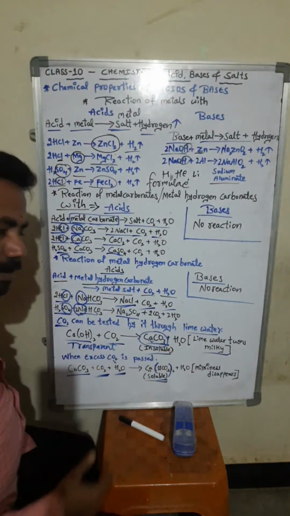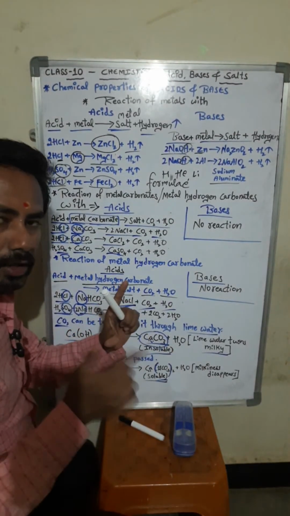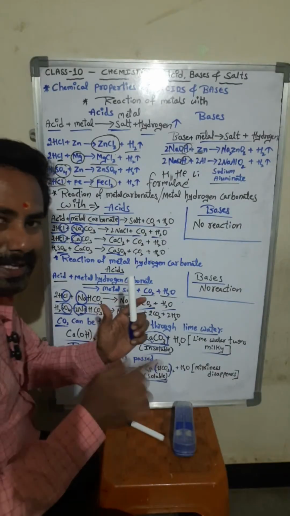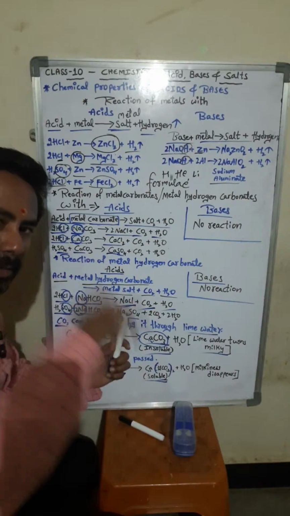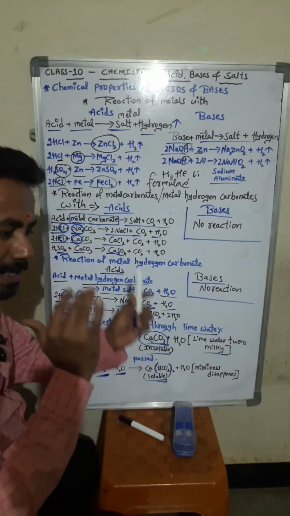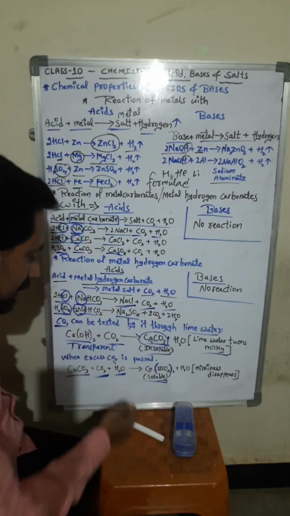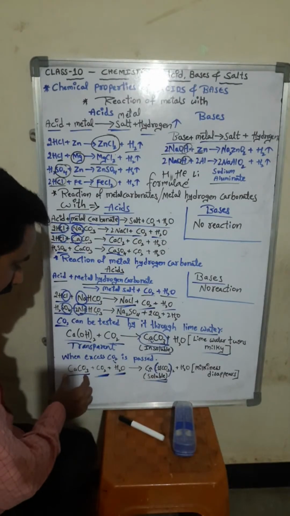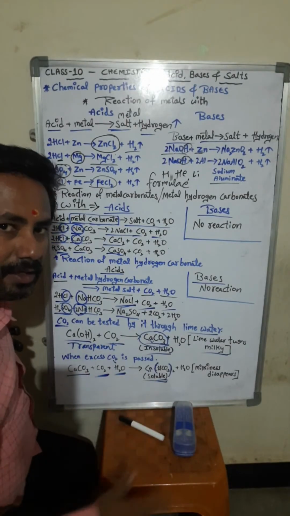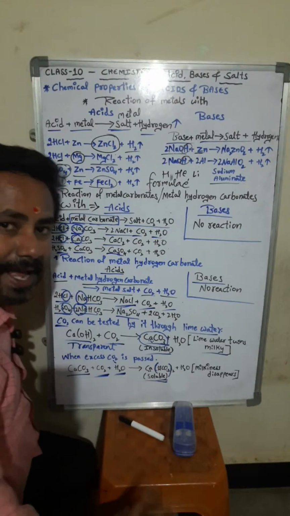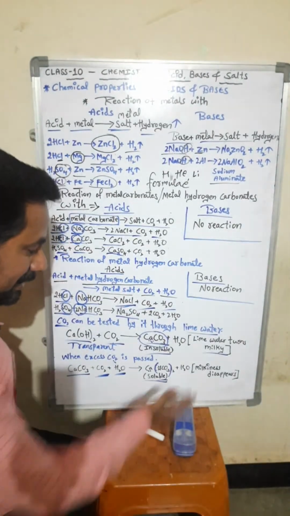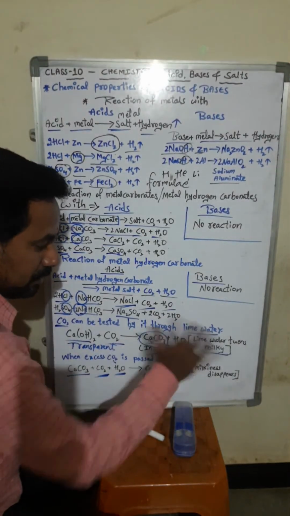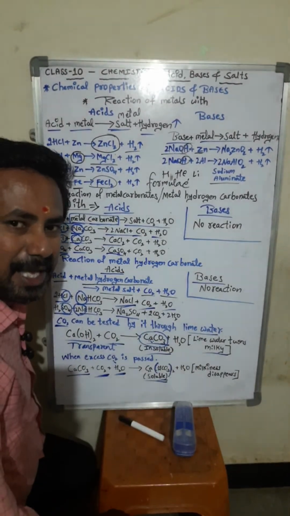When we add more carbon dioxide, it becomes transparent again, because CaCO3 combines with carbon dioxide to form Ca(HCO3)2, calcium hydrogen carbonate, which is transparent and soluble, and the milkiness disappears, students.